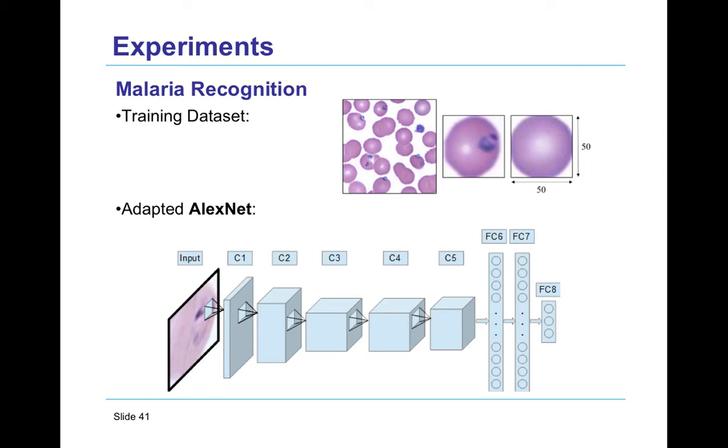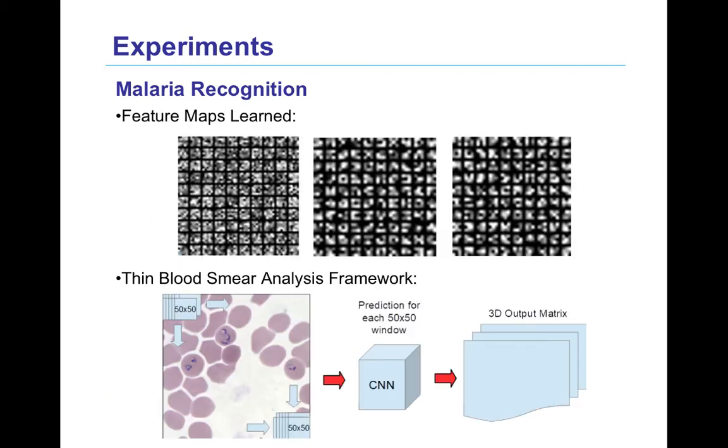I wanted to sweep through the whole smear to try to identify where they are and how many of them there are. So you have an idea, these are the feature maps that were learned by the convolutional neural network. You cannot see much in these features, but you can try to see in a few of them.